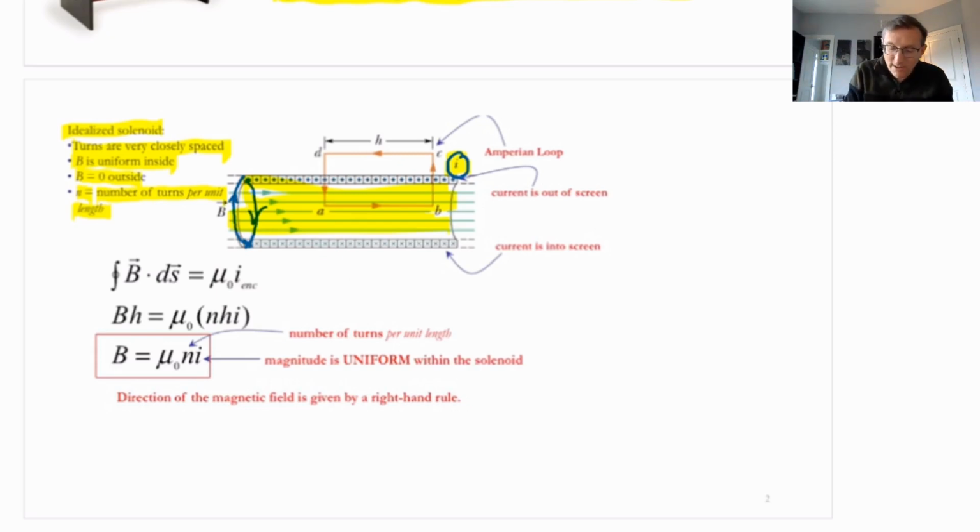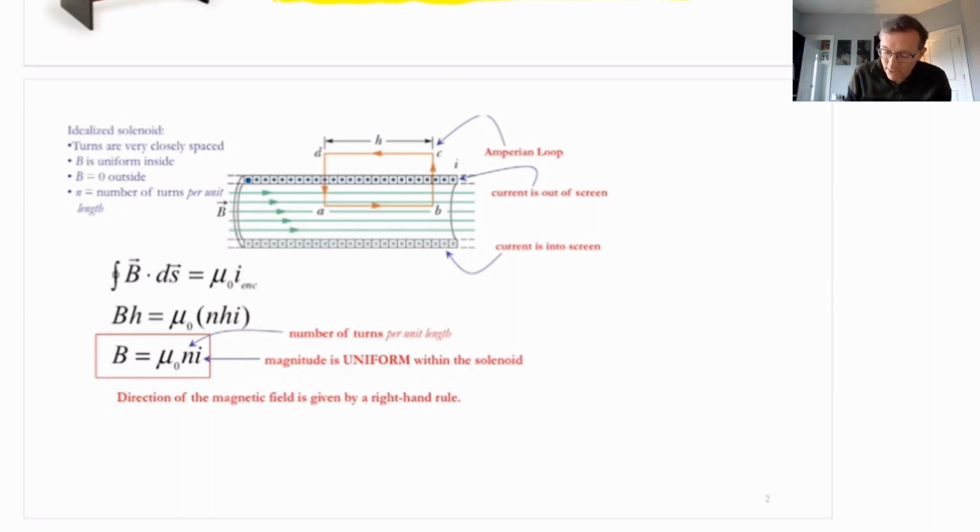All right, so with all that in mind, we can use Ampere's law to calculate the magnetic field B in that interior region. And we choose an Amperian loop that follows B, at least for part of the loop, and along the rest of the loop, there's no contribution to the magnetic circulation.